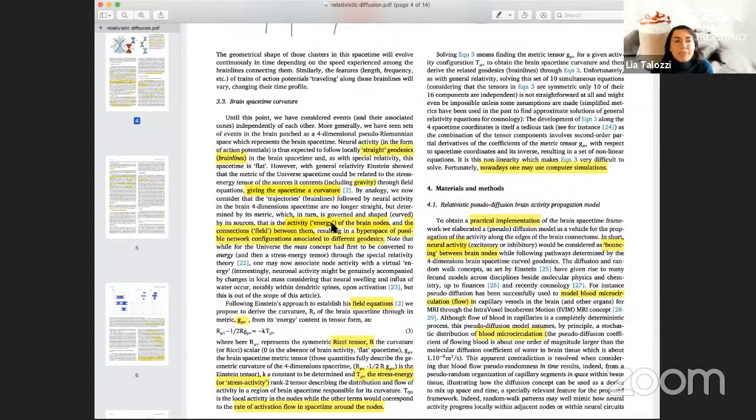So maybe everything in timing. I see this as an application of timing, but I see what you mean: that it is not just timing, but that time can be different. So an event can be shorter from one perspective or longer from another perspective. And I don't know how this can deal with synapses, because it's not just the brain activation and the propagation; you also have other things going on.